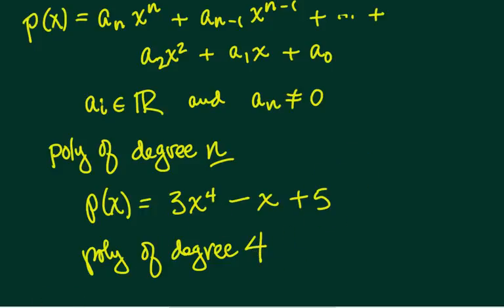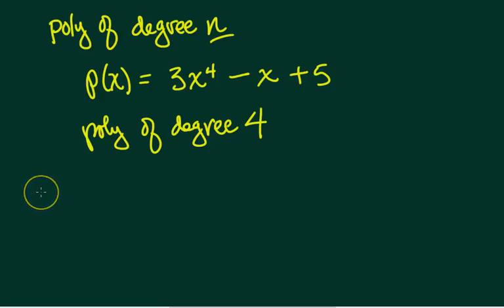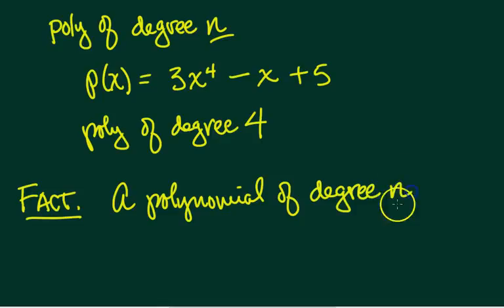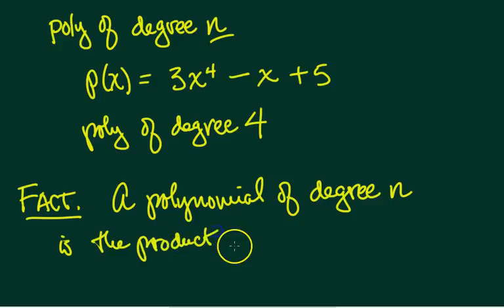Now, the big take-home fact from this introduction is this, that a polynomial of degree n is always the product of exactly n linear factors.